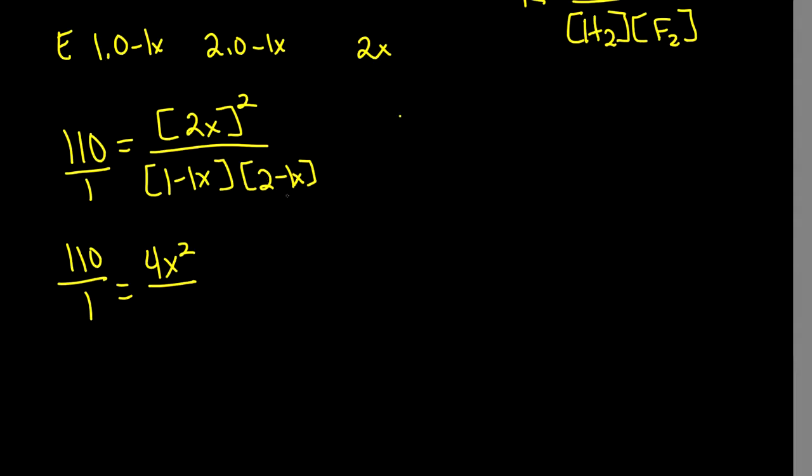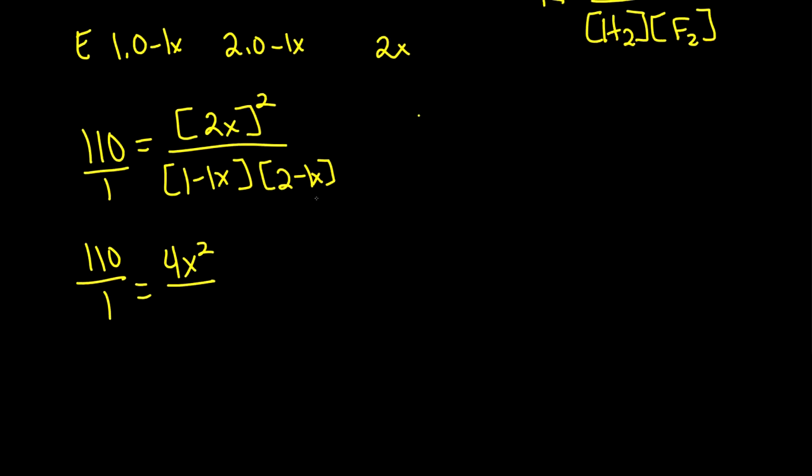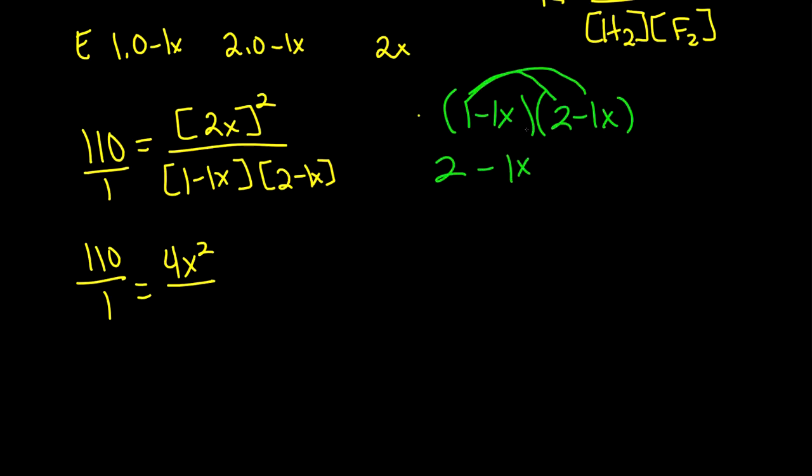Well, looks like we're going to have to foil that one. So 1 minus 1x times 2 minus 1x. 1 times 2 is 2. 1 times minus 1x is minus 1x. Minus 1x times 2 is minus 2x. Minus 1x times minus 1x is positive x squared.